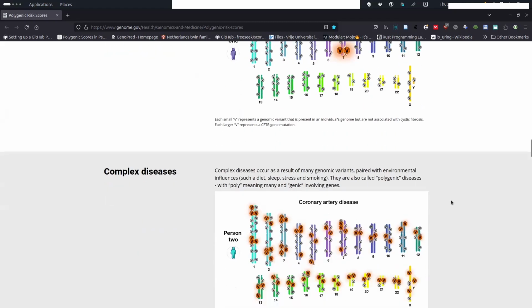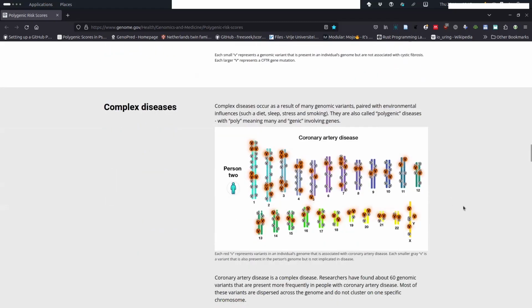But most diseases or most traits are complex, and with complex I mean that, if you look at it from a genetic point of view, there are small contributions from variants across the entire genome, as you see in this picture.